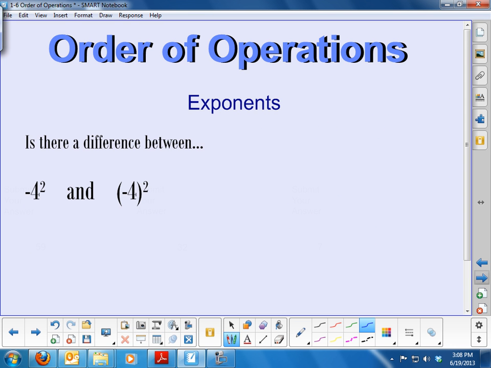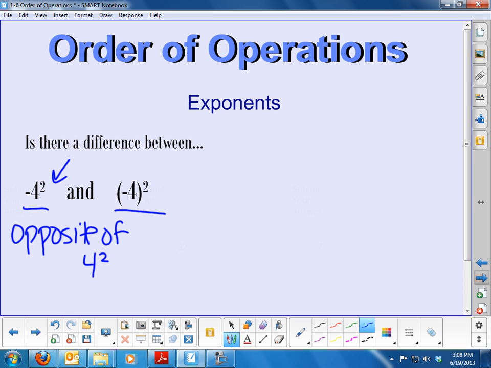Okay? Now, one thing that I just want to refresh your memory on, is there a difference between this negative 4 squared and this negative 4 squared? Do they give you the same thing or do they give you different results? Let's take a look. When the negative 4 is not in parentheses, as is the case in the first one right here, negative 4 squared, what this means, that negative sign outside of the 4 simply means the opposite of 4 squared.